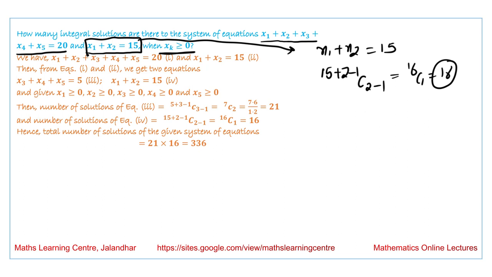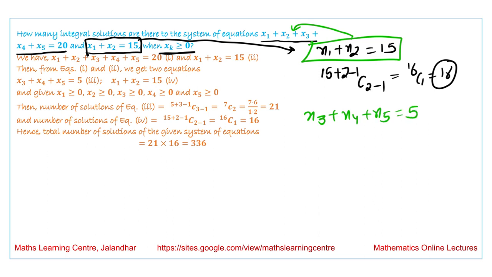If we substitute x1 plus x2 is equal to 15 in the equation, we get x3 plus x4 plus x5 is equal to 5. So the total number of solutions is (5 plus 3 minus 1) C (3 minus 1). The answer comes out to be 7C2, which is equal to 21 solutions.